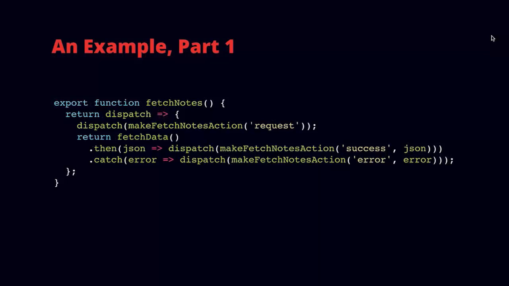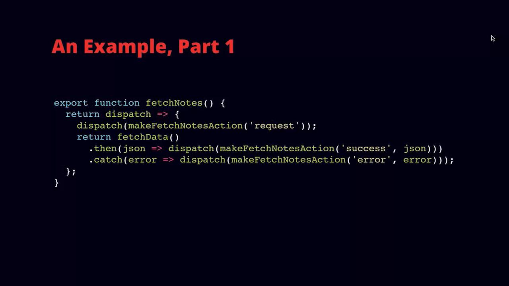And so we create a helper function that takes status, so requested, error, success, and an optional data object, and will basically give us a JavaScript object that we could use as our action. That's the output of this, what we're actually going to be dispatching.